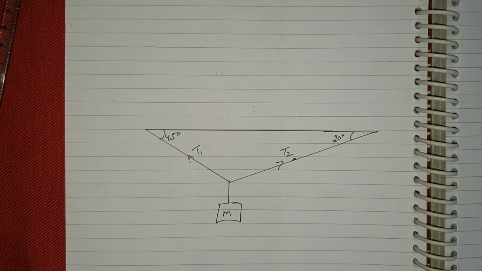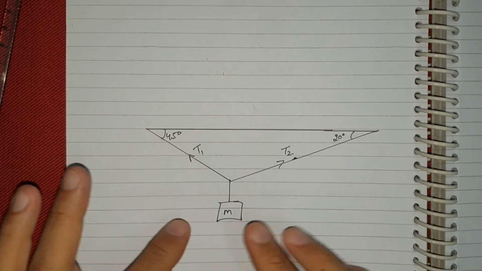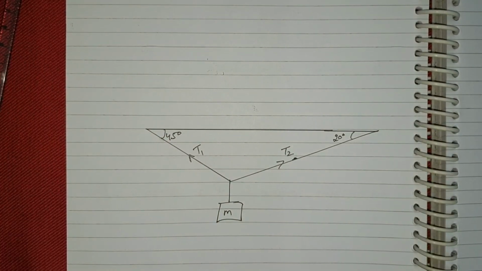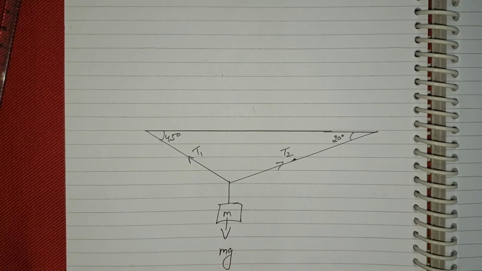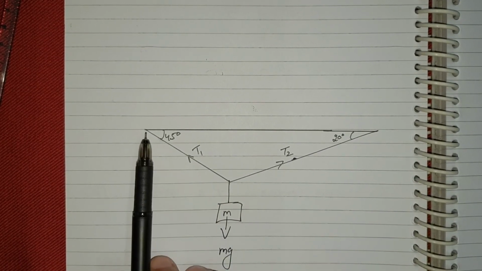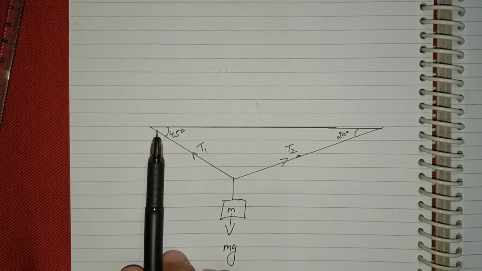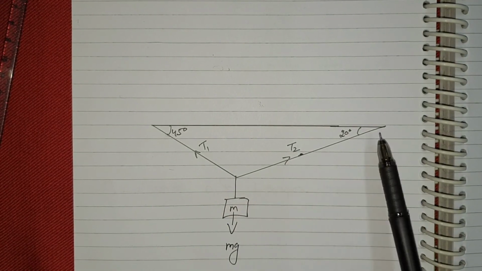Now taking another example, consider this block hanging with two strings. The weight mg acts vertically downward and there are two strings. This is the tension in one string, T1, and the tension in the other string is T2.